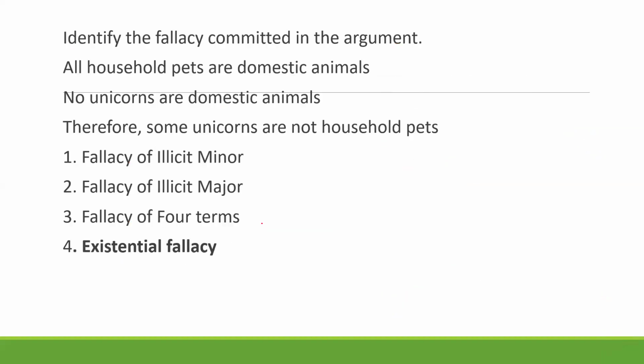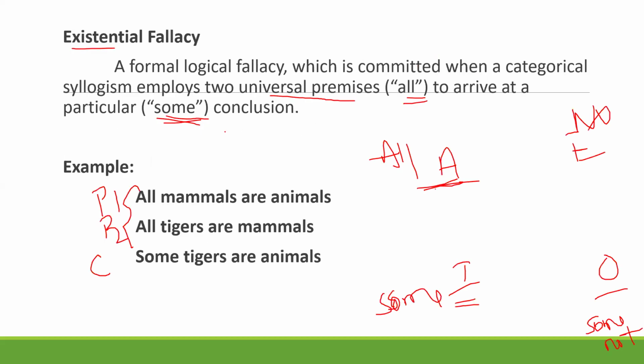Now you can see, all household pets are domestic animals. Here it has come all, A type. And the next, no unicorns are domestic animals. Sorry, actually this is called universal.